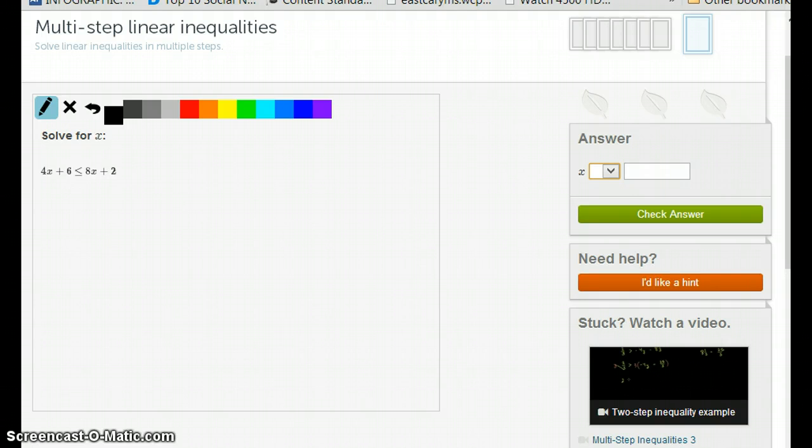Okay, so let's rewrite the equation so it's a little bit bigger. It's 4x plus 6 less than or equal to 8x plus 2.